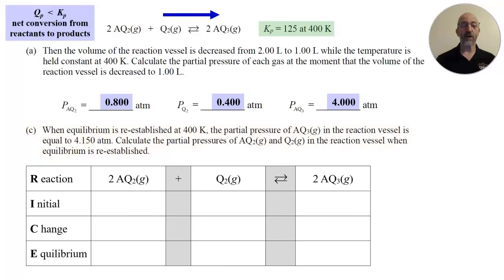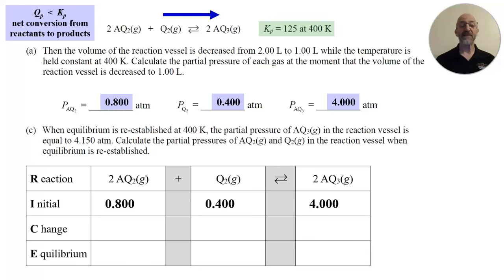So here is our rice table. Before the system has reestablished equilibrium, we had initially 0.8 atmospheres for AQ2, 0.4 atmospheres for Q2, and 4 atmospheres for AQ3. And now where should we put that value of 4.15 atmospheres?